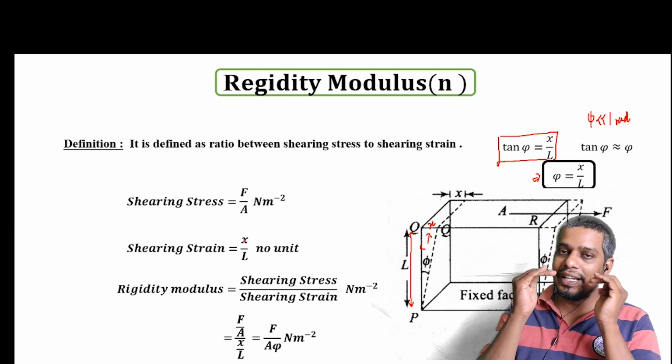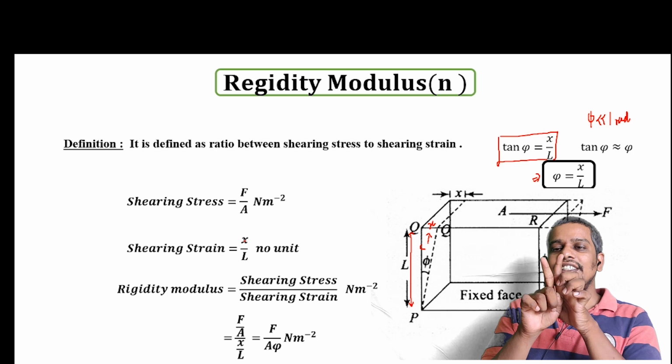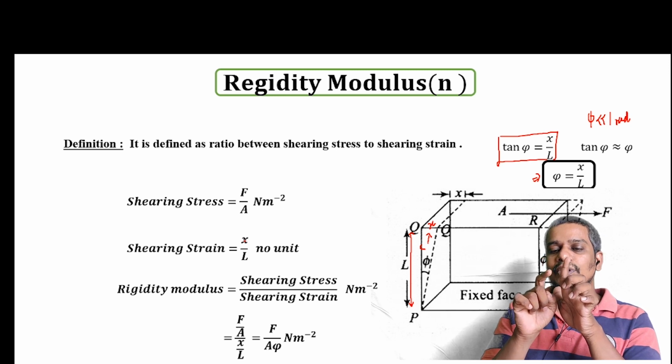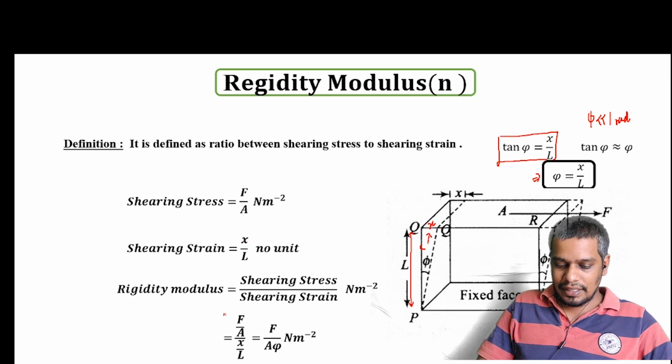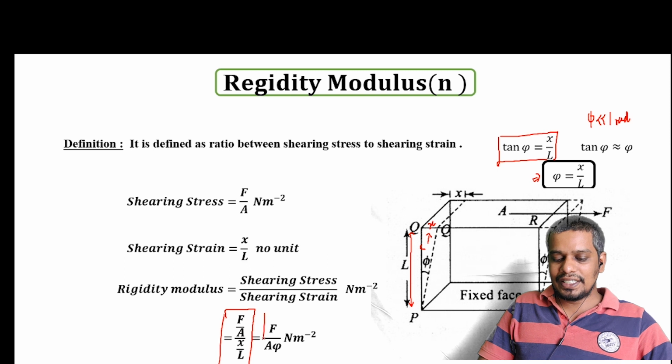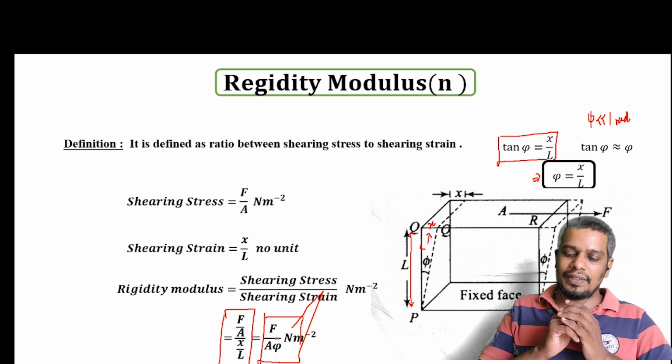Or if you can measure the small deviation x as well as L, if you don't know pi, then you can use the first one. Or if you can measure the deviation from the vertical, pi, then you can use this formula. You can use either of them to obtain the rigidity modulus of the given material.